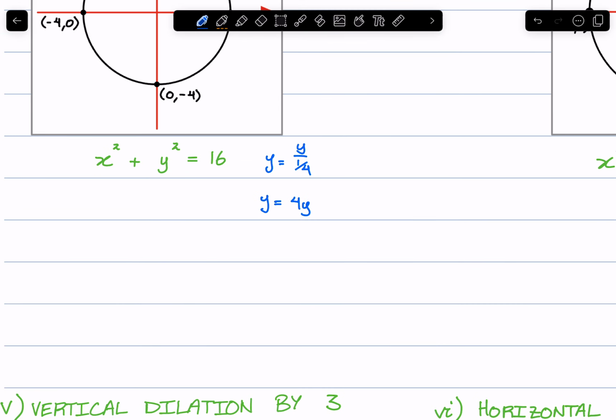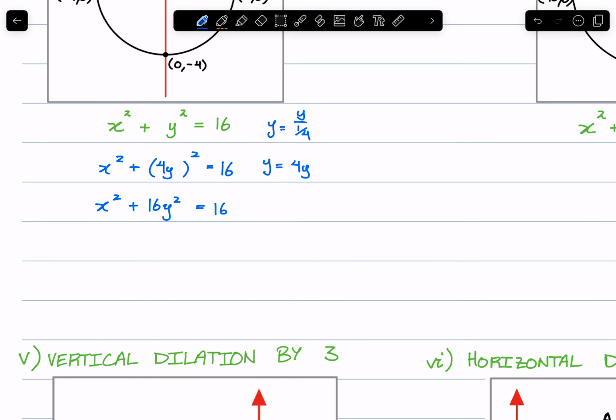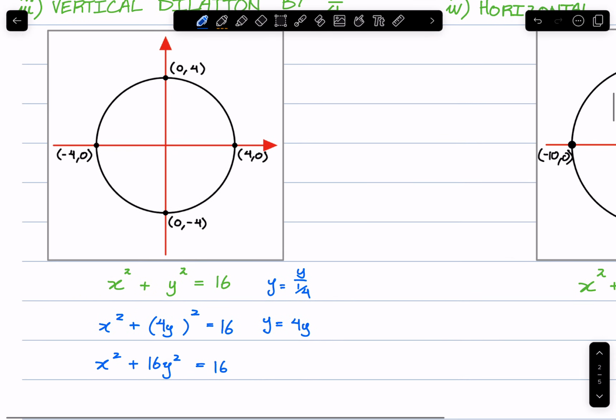So this can become x squared plus y squared equals 16. And we're going to substitute now for y. This becomes x squared plus 16y squared equals 16, which we could simplify a bit further, but we can just leave it like so.